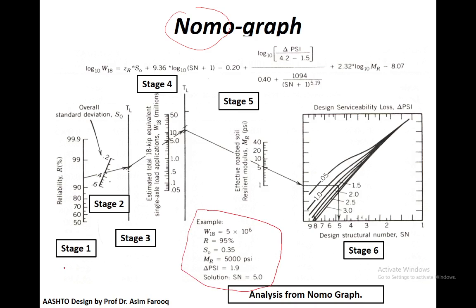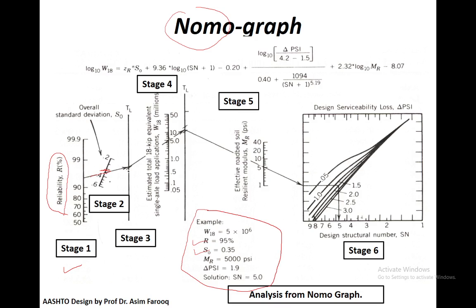We have reliability, which is almost 95 here. We have the overall deviation, which is 0.35, so we can select it from that specific graph, which is between 0.2 and 0.4.